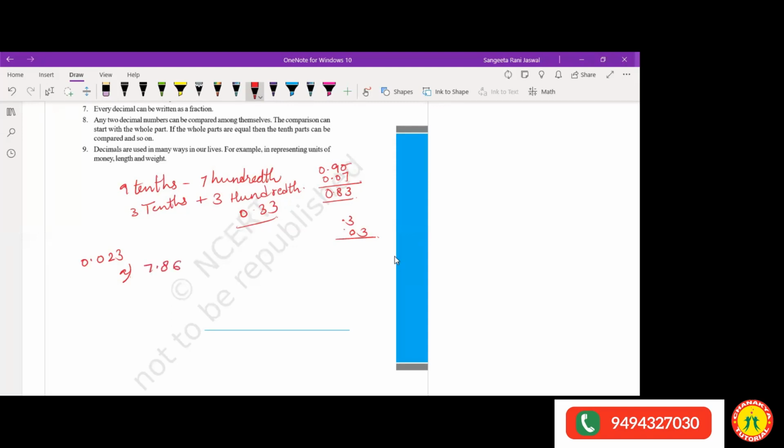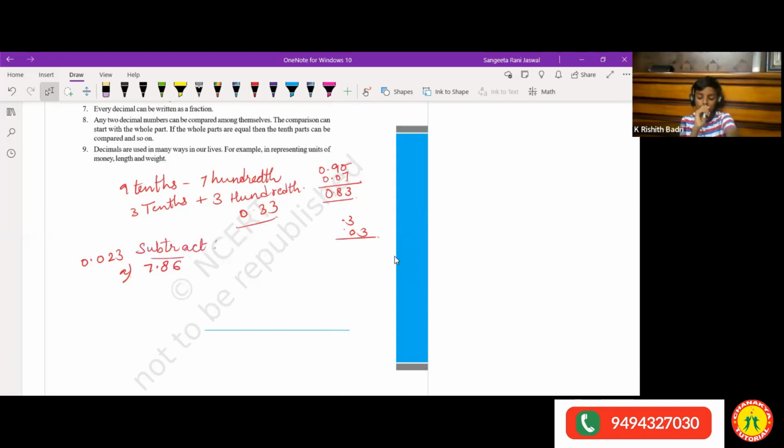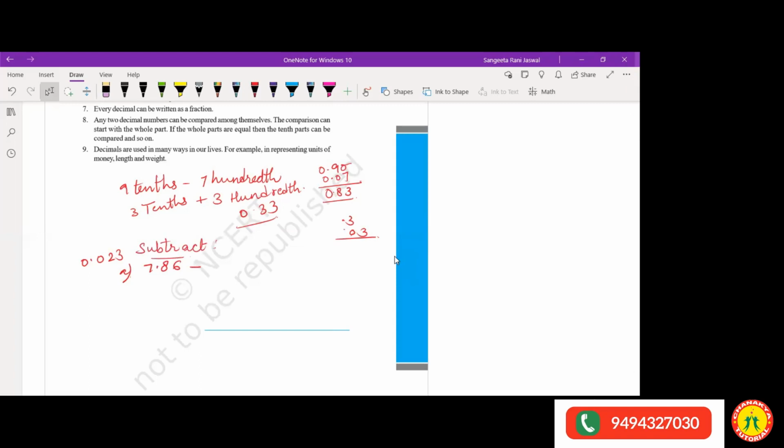Now this is find the difference. When you are asked to find the difference, it means you have to subtract. So that's 7.86 minus 3.24. Please do this, and don't tell your answer immediately. Let others also do it. Then I'll ask each one of you.